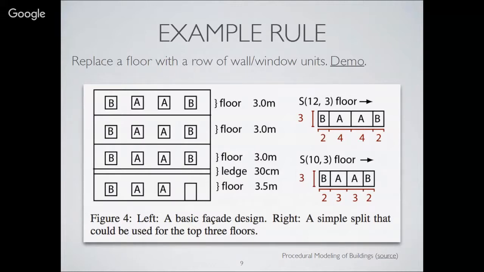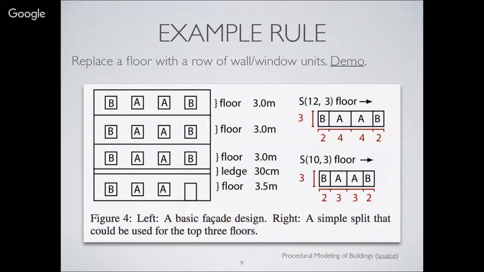I might imagine that this building face can be cut into a series of floors, and each of those floors can be divided into a set of windows, and I have 2 window types, A and B. Well, what I can do is come up with a rule which says, for every floor in my system, I can replace that abstract floor block with a collection of 4 windows, B, A, B, and I will compute what the numeric attributes of each of those tiles should be based on whatever the numeric attributes of my floor were.